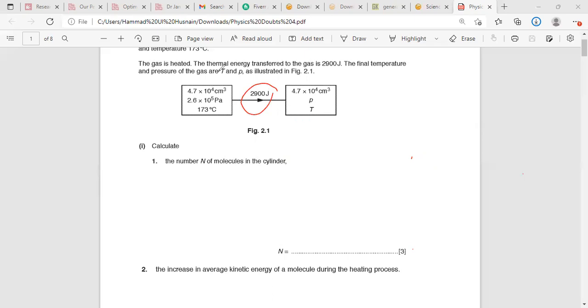And if 2900 joules is given to the kinetic energy stores of all the molecules and we need to find the average, we just divide this 2900 joules by the number of molecules, and the number of molecules we have found in part 1. So we will use this answer in the second part to find the average kinetic energy. You got it, Rani? Yes, sir.